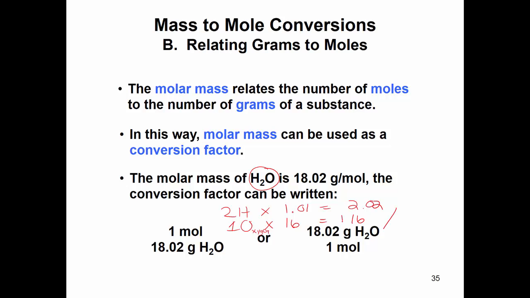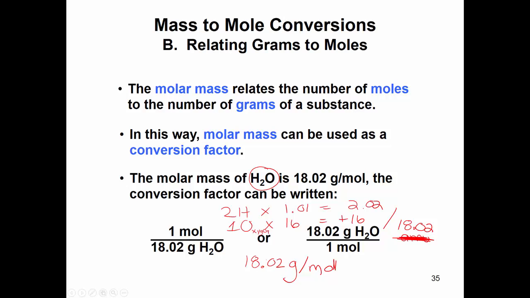If we add those together, we get 18.02. That was formula weight, so we would write AMU. But the only thing we're changing here is that it's the same thing as saying 18.02 grams per mole. And this will be very important to us.